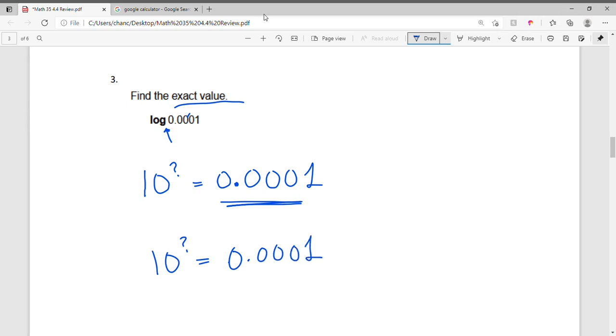You can use a calculator to guess, but I can look at these decimal places here. That's 1, 2, 3, 4. I need to move the decimal place 4 times to the right to make it a 1. So I know 10 to the negative 4 is equivalent to 0.0001. You can check with the calculator that this is indeed true. So that's our answer. It's negative 4. And we did this problem without a calculator.